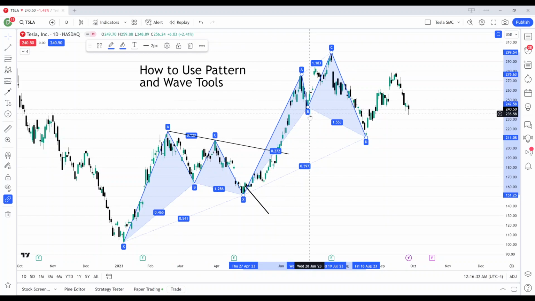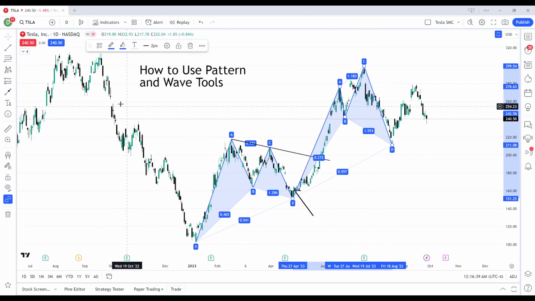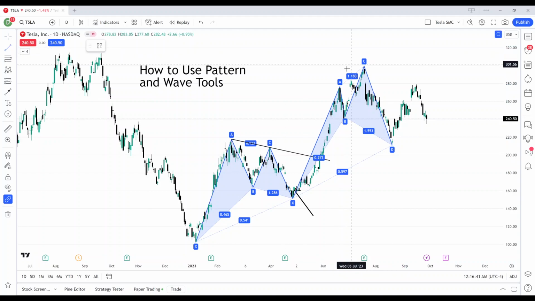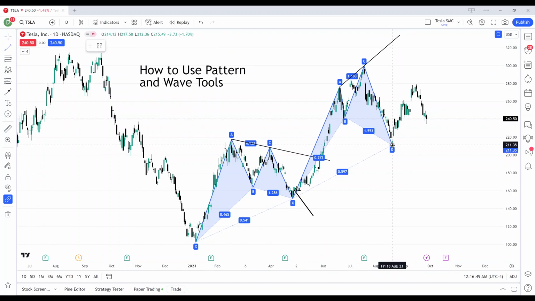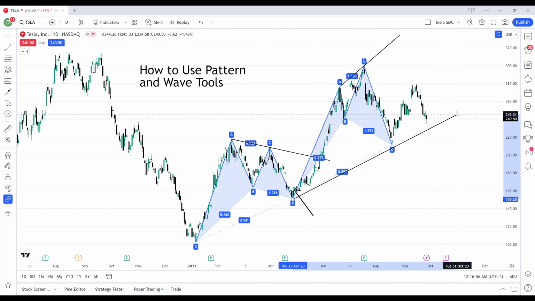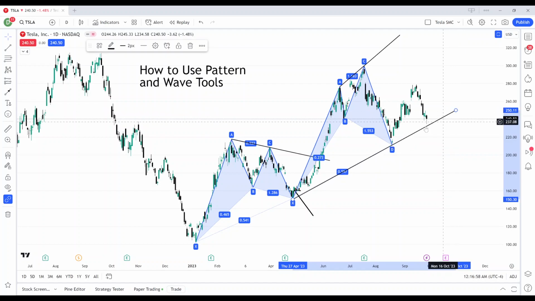On this particular one, we'd be looking at taking the position in D, and you could be looking at a potential run higher, and you could be potentially looking at this as a stop loss.